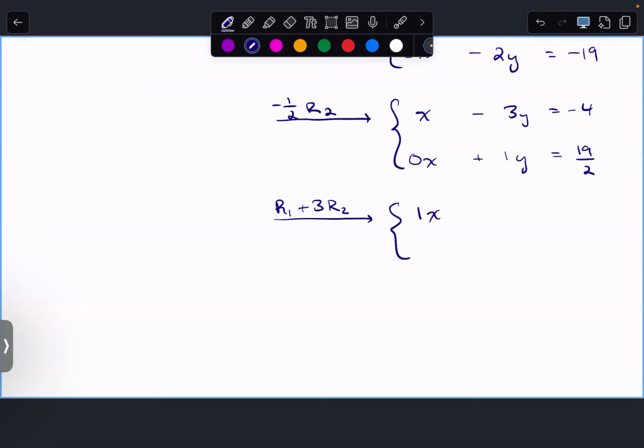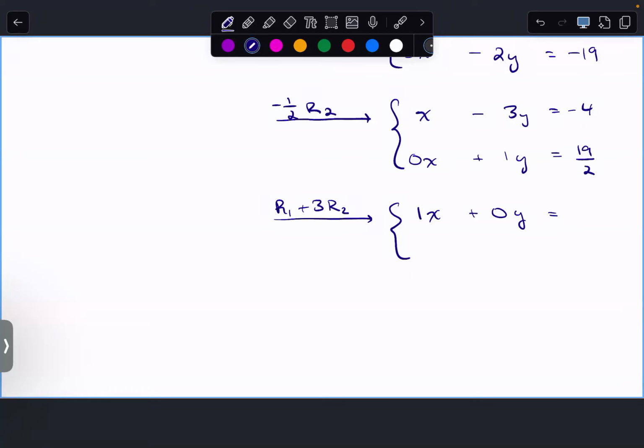And I'll just keep it 1x just to emphasize. -3 plus 3 times 1, or -3y plus 3 times 1y, plus 0y. That was my goal. That's why I was doing it.